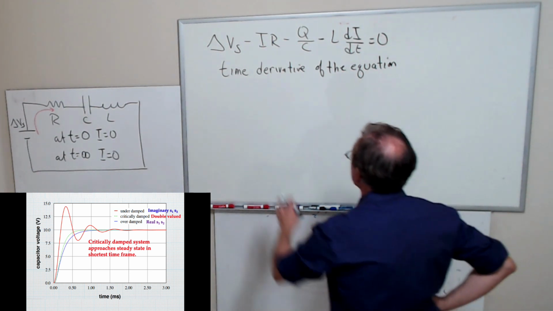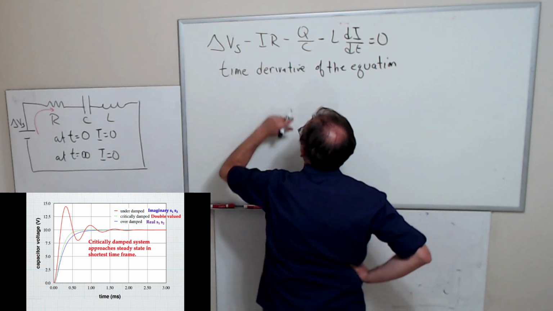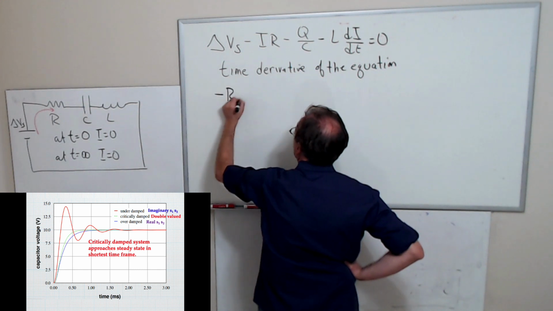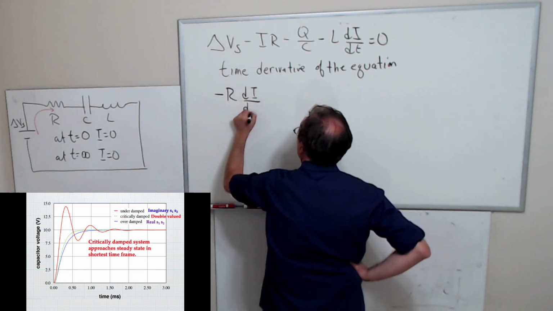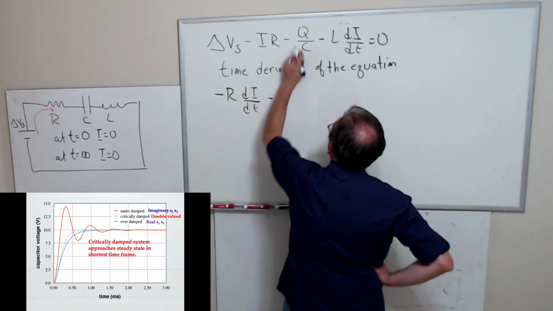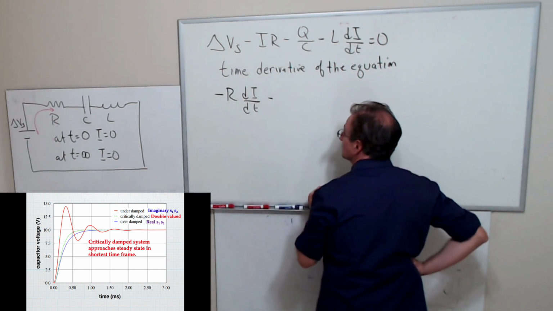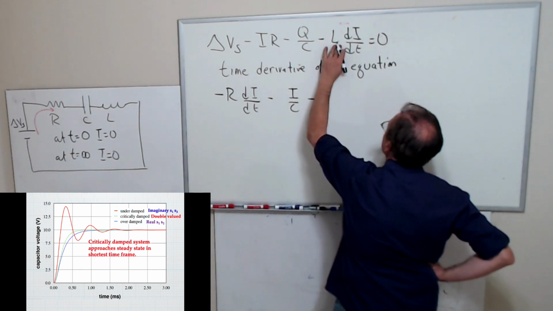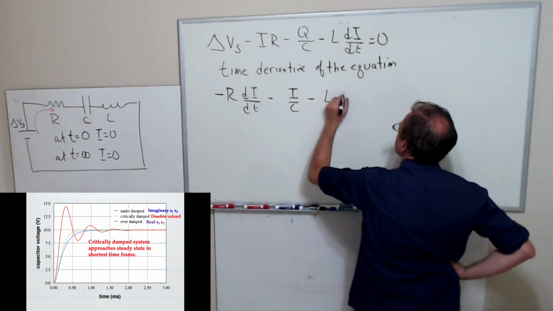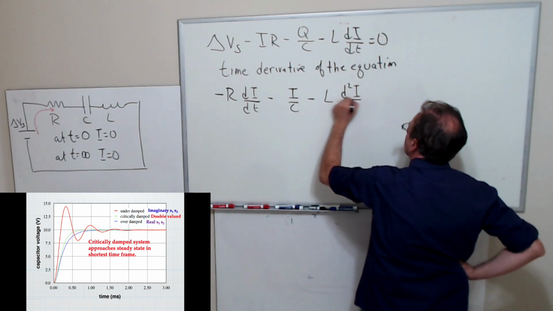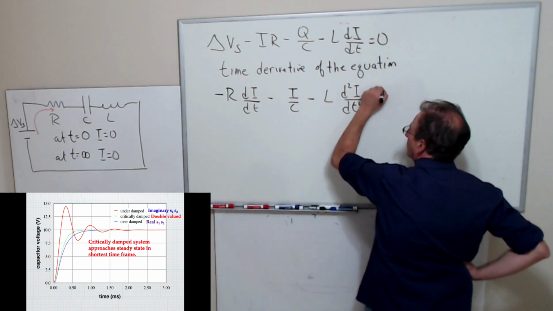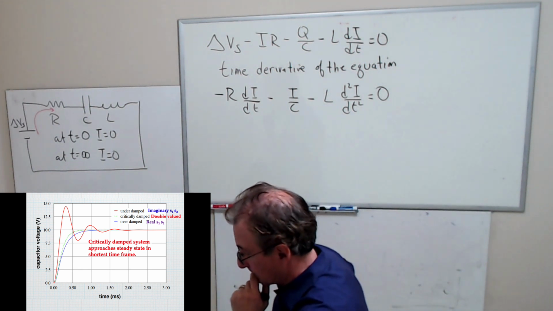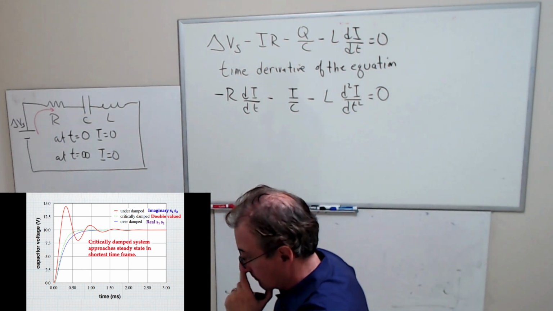I'm taking the time derivative of a constant, that's 0. And so I'm going to have the time derivative of this, the time derivative of the charge is the current, and then the time derivative of this. Okay.